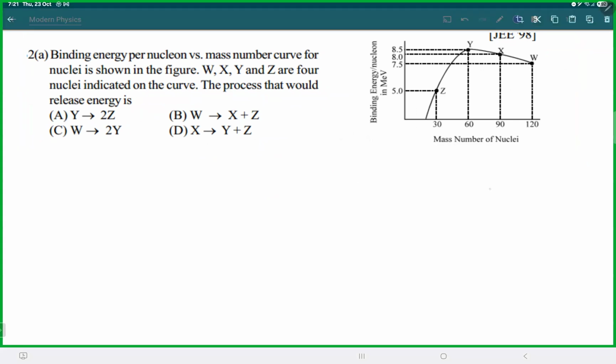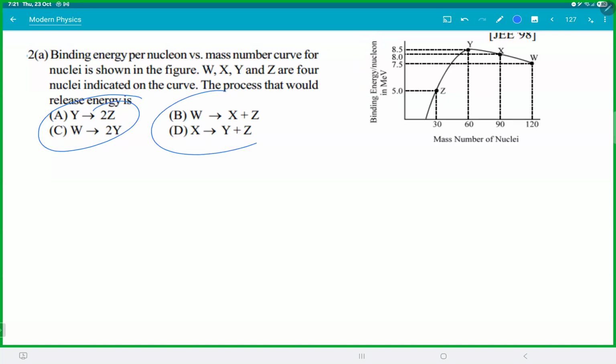There have been questions of this sort based on this model. Look at this. They gave you a graph of binding energy per nucleon versus the mass number. They're asking in which of the following 4 reactions energy is released.